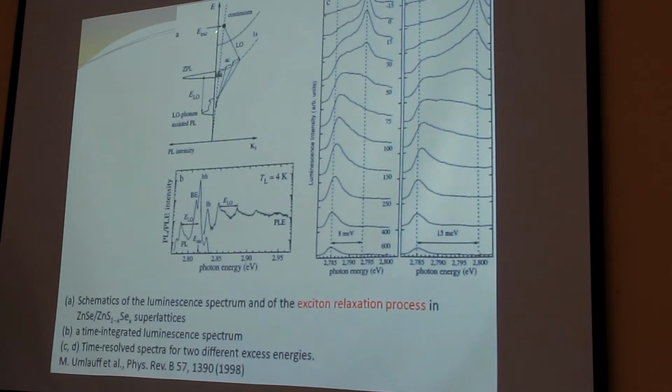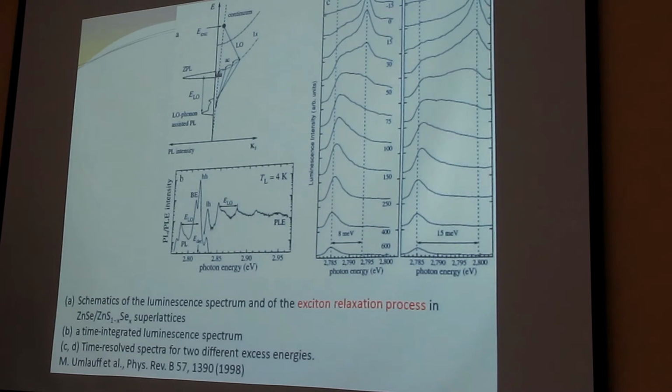Then we have a fast relaxation by LO phonon emission, coming maybe somewhere here, and then it trickles down and we see it in the zero phonon luminescence. But we can investigate this whole evolution of the population by looking at the recombination under emission of a phonon, because with an optical phonon we can scatter here. If the exciton is here, you do not see it in luminescence because K conservation forbids it, but with the LO phonon you can come here and see it.